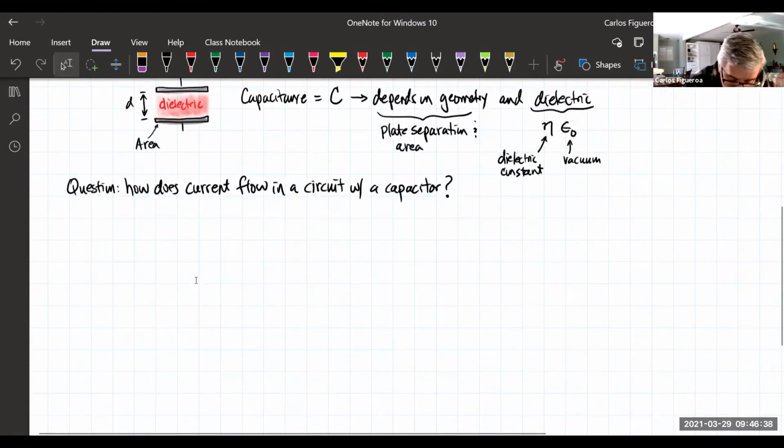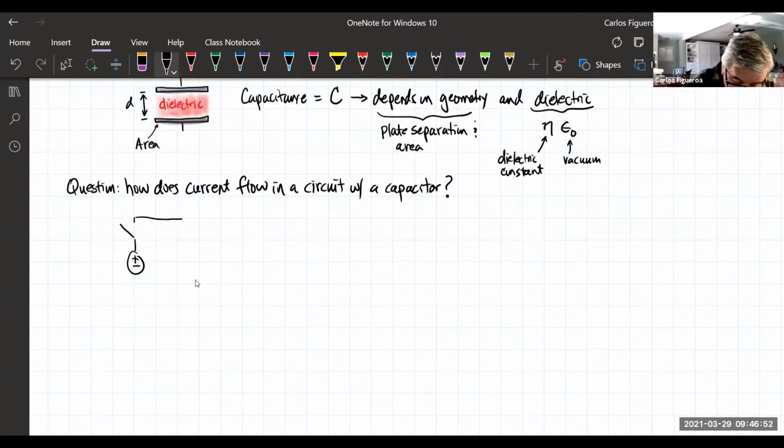So I imagine that I have a voltage source with a switch. Maybe a switch like this. And then I'm going to have my two parallel plates right here.